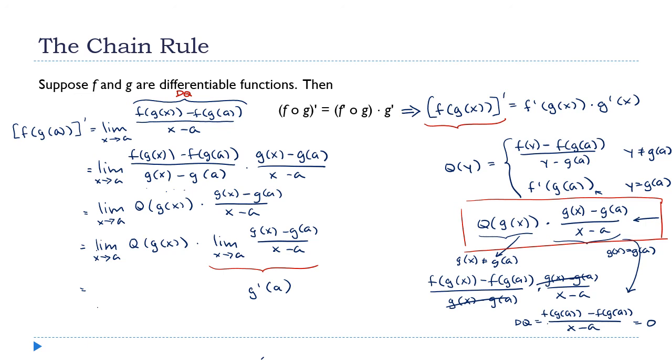So this limit is equal to q of g of a. But go back to my definition of q: when this value is equal to g of a, that's this case here, then this is just f prime of g of a. And that's exactly what I wanted to show, that is this side of the equality. So that is my chain rule.